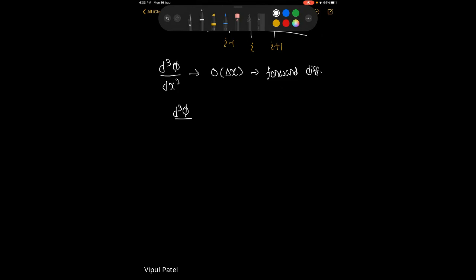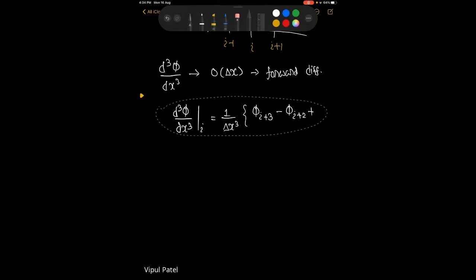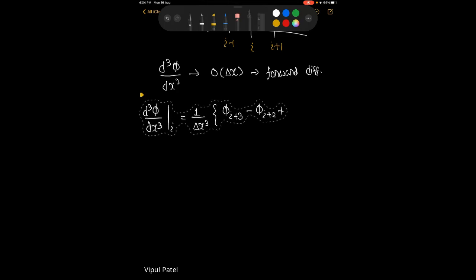So del cube phi by del x cube at any node i would be equal to 1 over delta x cube, and then you have phi i plus 3 minus 3 phi i plus 2 plus 3 phi i plus 1 minus phi i.